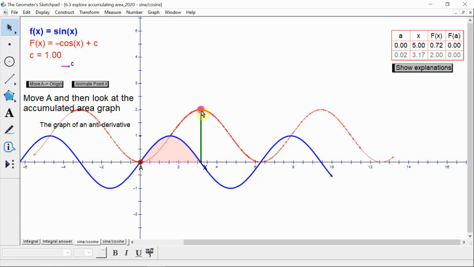So if I would find the y value of this point, and I know this one is 0, thinking of this antiderivative, I know this max should be happening where this sine curve goes back to 0, so that's pi. So cosine of pi is -1. So -1 plus 1 is 2. So this value then would be 2, which is going to make this value 0. So I know that this area in here should be 2.